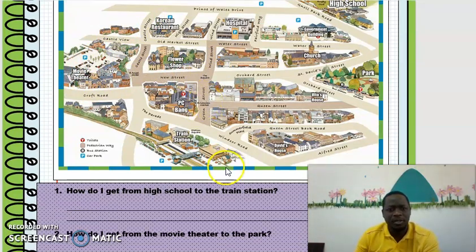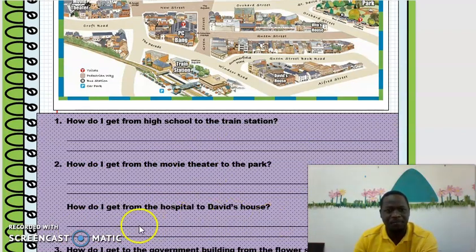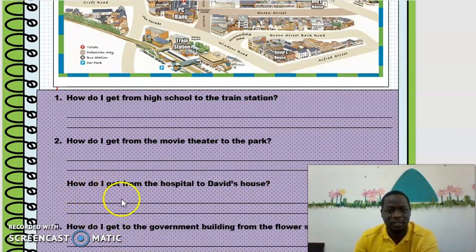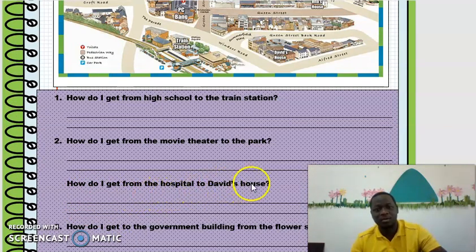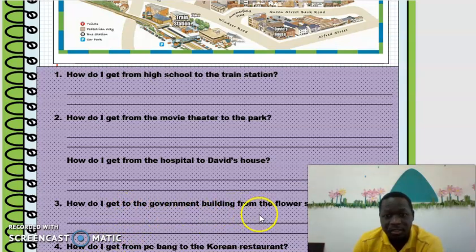Now, getting back to our questions. Number one, how do I get from the high school to the train station? The other one, how do I get from the movie theater to the park? Number four, how do I get from the hospital to David's house? Number five, how do I get to the government building from the flower shop?